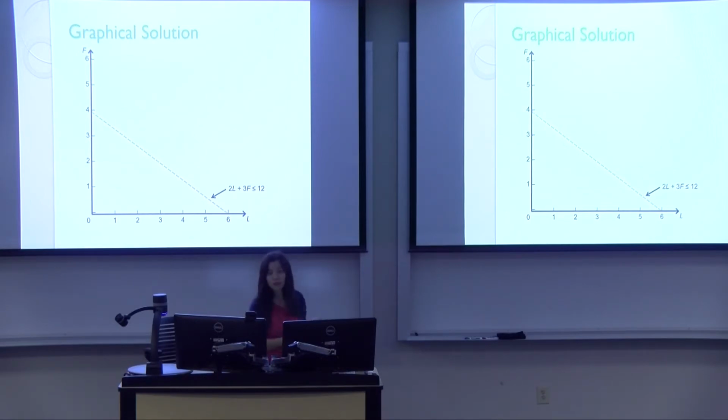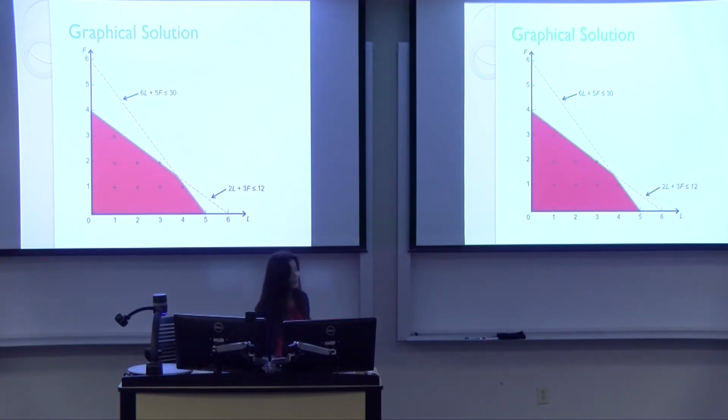Lower, because it's less than. Similarly, for the other constraint line, that is 6L plus 5F less than or equal to 30, should be lower or above that line? Should be lower, right? Below the line.